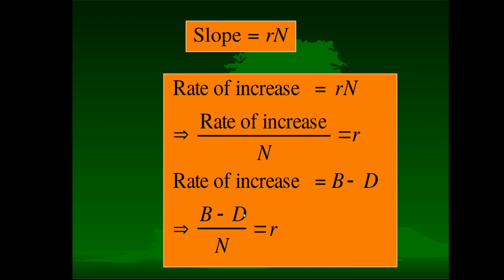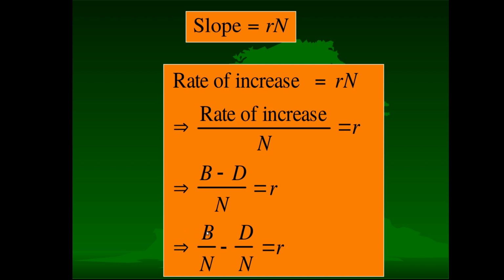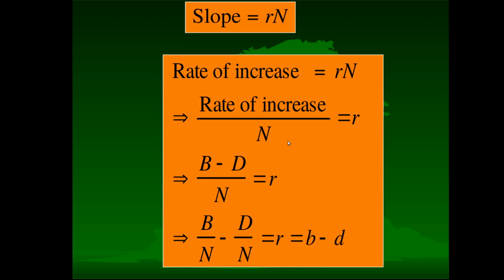So we could call it the per capita birth rate minus the per capita death rate: the birth rate divided by n, minus the death rate divided by n. Okay, so we can write down little b and little d for the per capita birth rate and the per capita death rate.